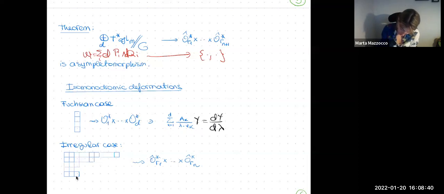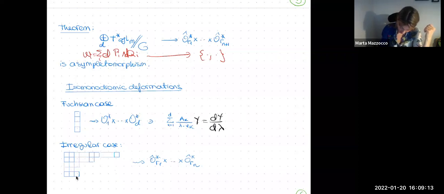What we want to do is to take this system and deform it in such a way that the monodromy data, or if you are happier to discuss connections, the holonomy of the connection, is constant along the deformations. When you do deformations, you need to decide what are your independent variables and what are your dependent variables.